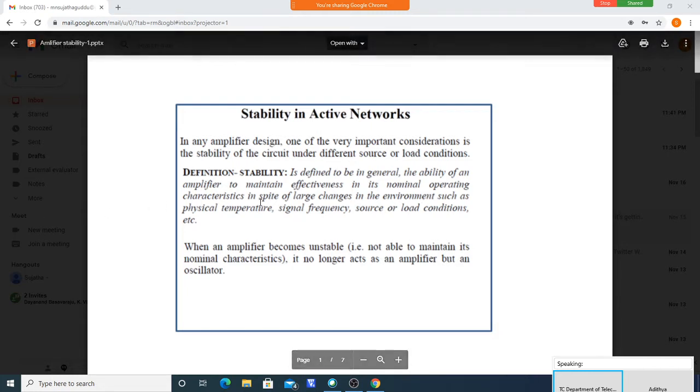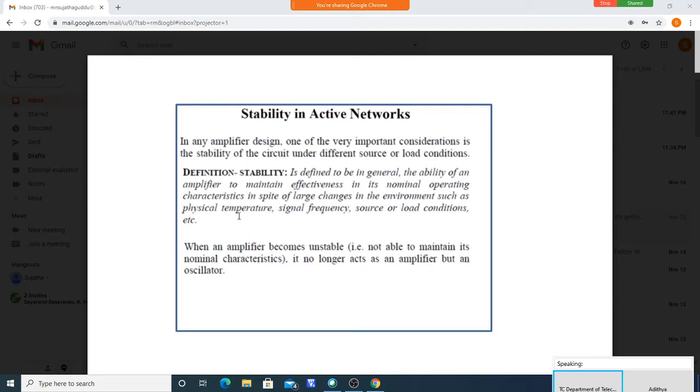Operating characteristic means, for example, in amplifier design, we are designing the amplifier for 15 dB gain. The gain of the amplifier is equal to 15 dB. It is the operating characteristic of the amplifier. What we require is that this value of 15 dB must be maintained by the amplifier.